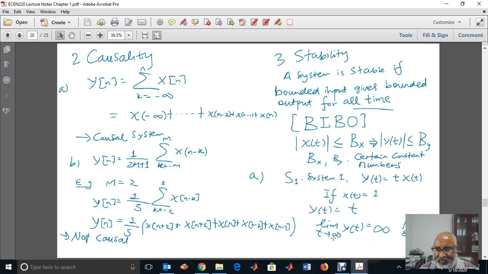So in the limit when t is infinity, y at infinity is infinity. That means the output is not bounded, even though the input is limited, since the input is 1. The output keeps on increasing. So the system is not stable. The system is an unstable system.